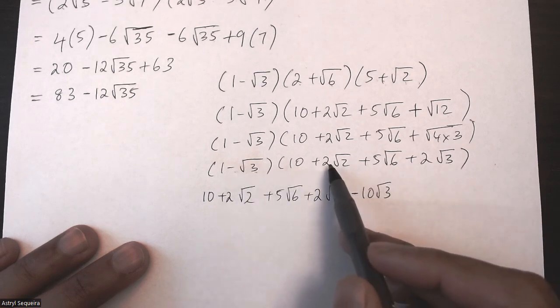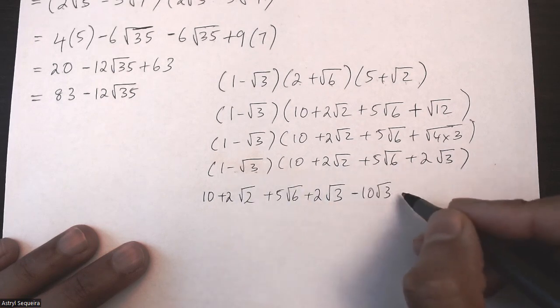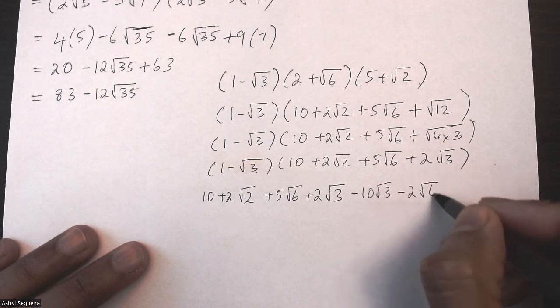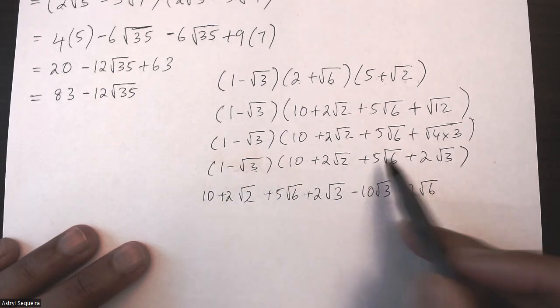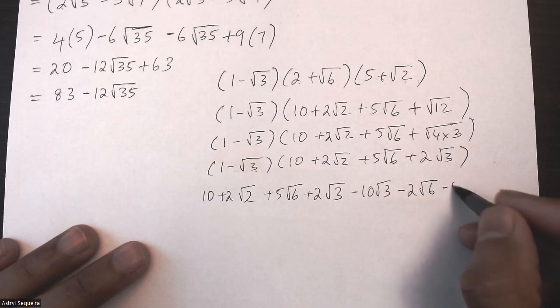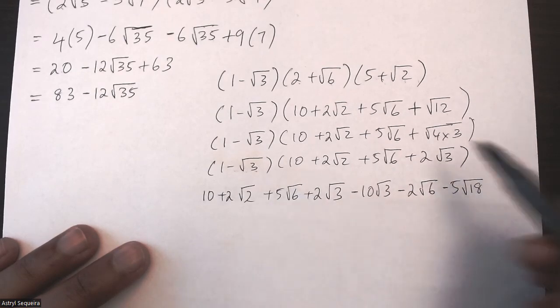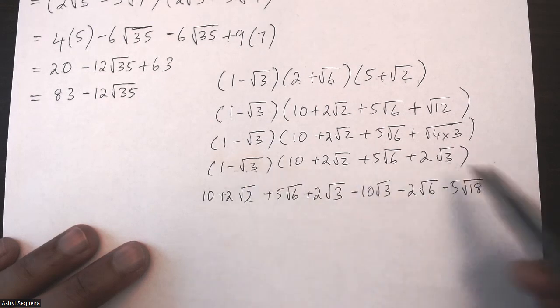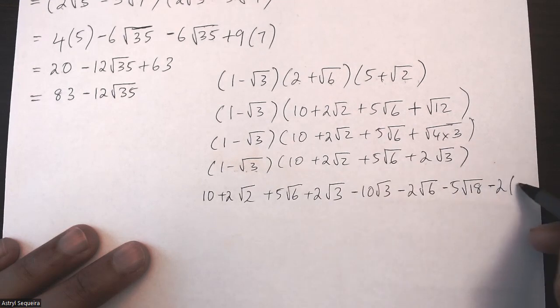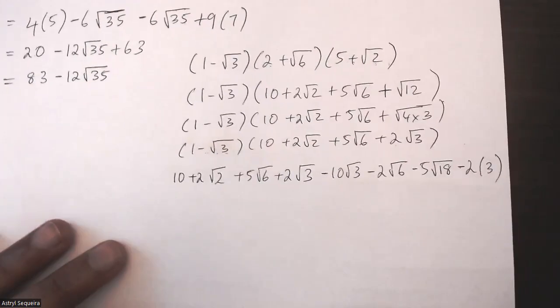Negative root 3 times 2 root 2 is negative 2 root 6. Negative root 3 times this is going to be negative 5 root 18. And negative root 3 times this is negative 2, and root 3 times root 3 is just 3.